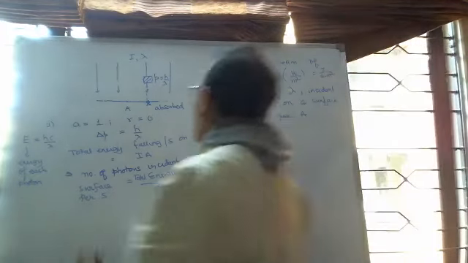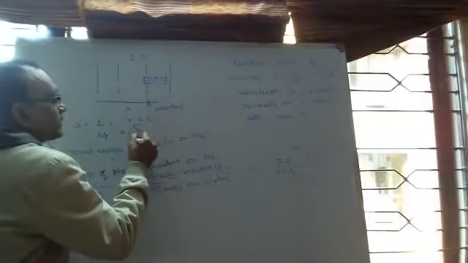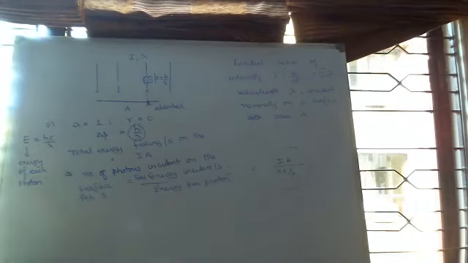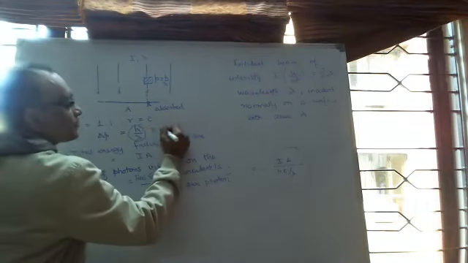And what is the change in linear momentum of every photon? h by lambda. This is the change in linear momentum per photon.